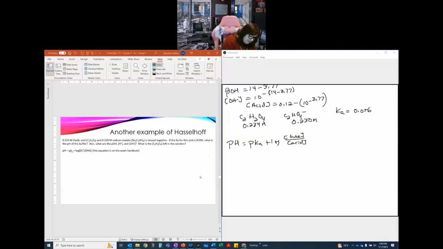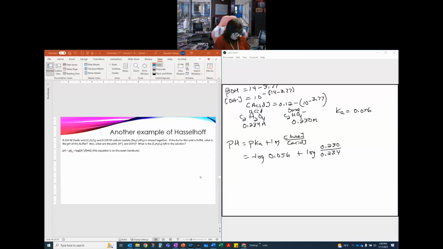Okay. So we take the negative log of the 0.056. We add this log term of the concentration of the base, which is this one, and this is my acid. So I have the 0.230 over the 0.234.